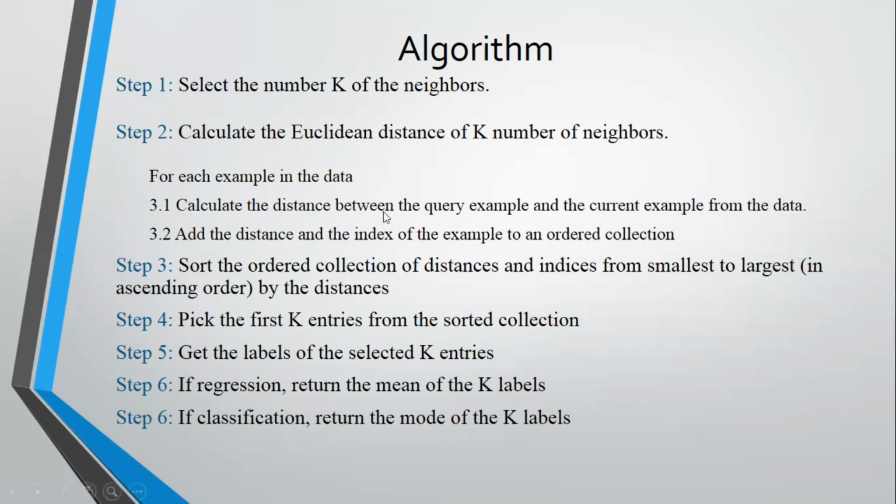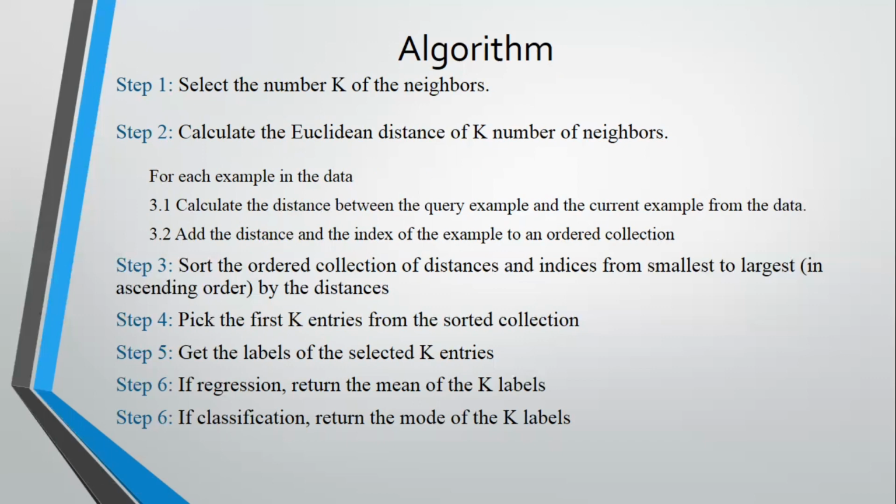Calculate the distance between the query example and the current example from your data set. Now add the distance and the index of the example to an ordered collection. The distance is added as a separate column in your data set, and you assign an index to every distance. In other words, you place a rank based on the value.